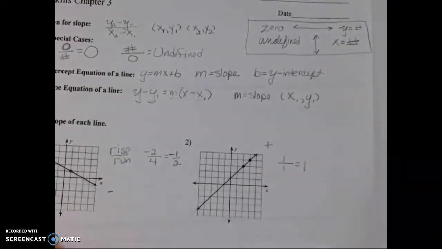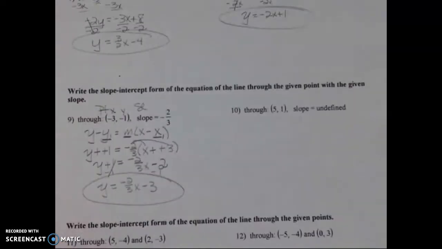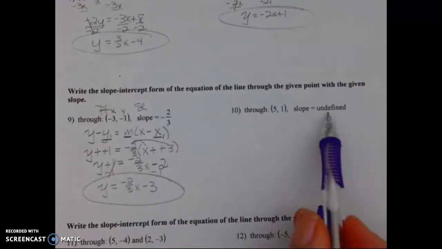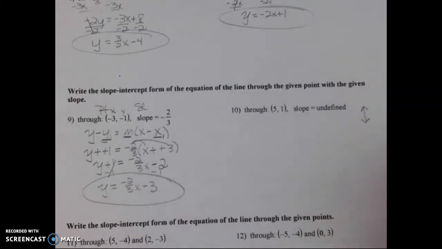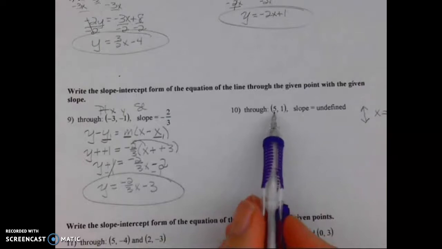Okay. So let's go back. If the slope is undefined, it means that it is a vertical line. And the vertical line is the equation of x equals some number. Well, let's look here and see what the x value is. Oh, it's 5.